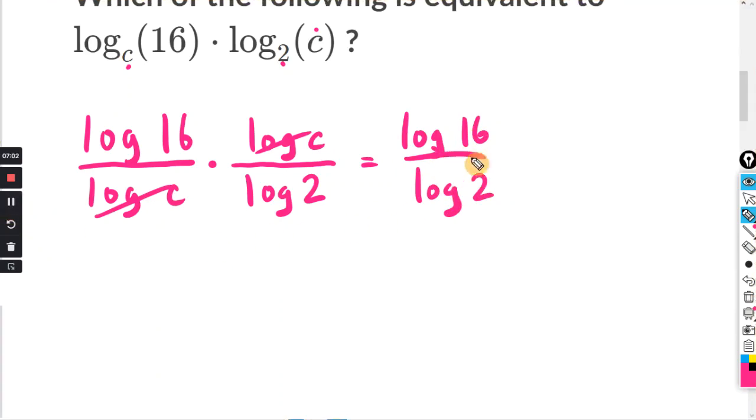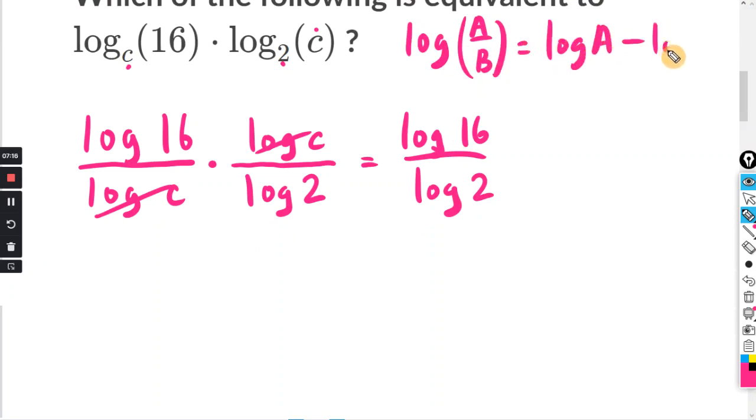Now remember, you cannot use the quotient rule on this. The quotient rule is log of a fraction equals log of a minus log of b. Okay, but that is not what we have here. This is two separate logs. So we're going to have to use the calculator.